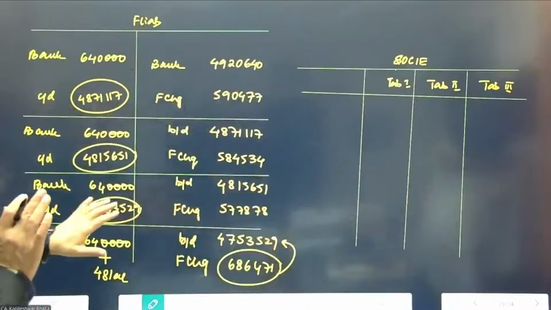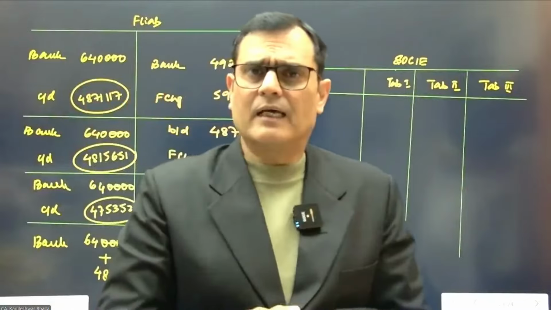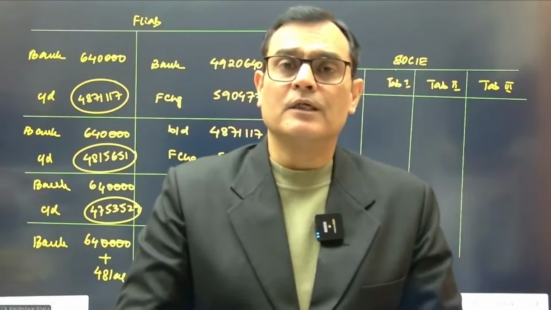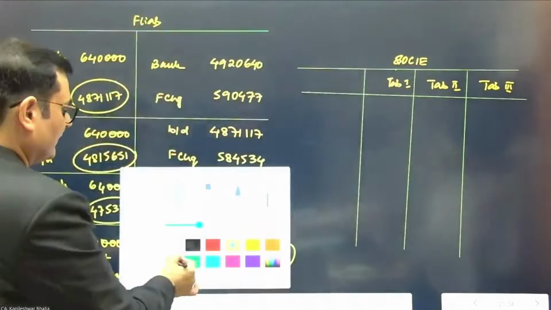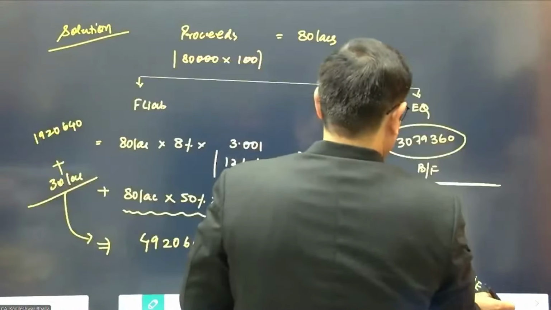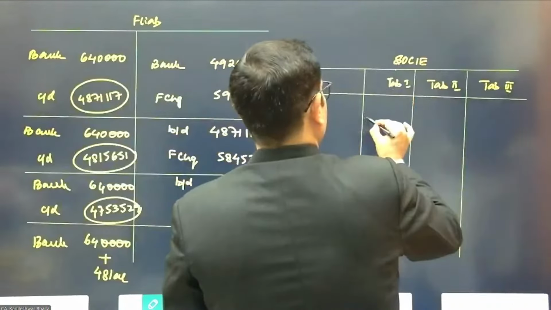So the ledger account gets closed, finished at this stage. Did I make any allotment of shares to the remaining 50%? No, I did not. So what are you going to do now at this stage? Watch what I'm going to do. Can I say you recorded the equity component, that is 30,79,360.